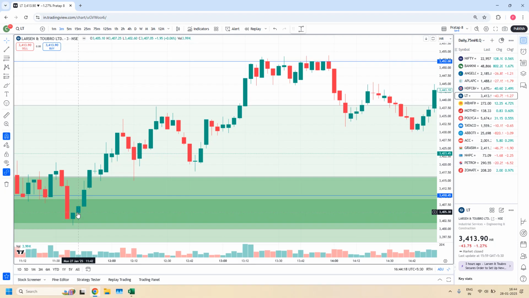Several examples I have given. Pierced zones. That day, with the help of our software, we generated pierced zones. I think some 9 or 10 stocks were listed. Out of that, when we analyzed all the stocks except 1 or 2, all the remaining stocks gave powerful trades.